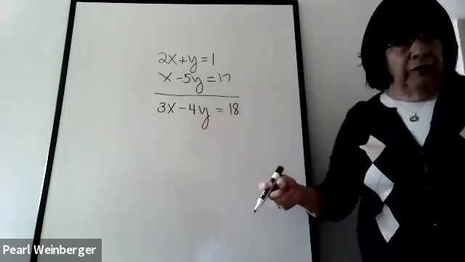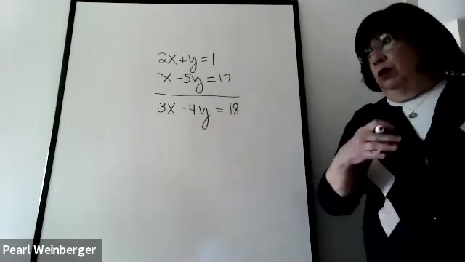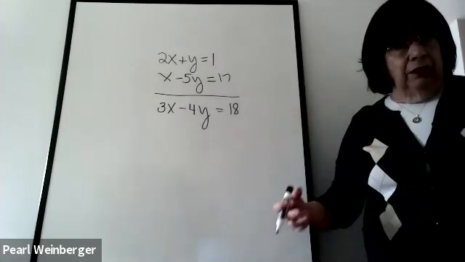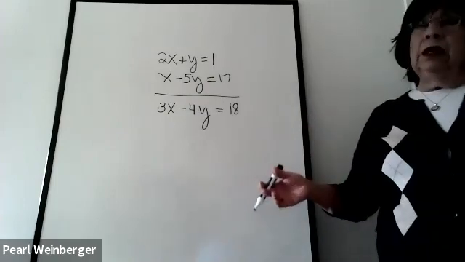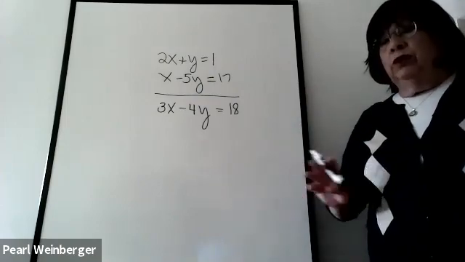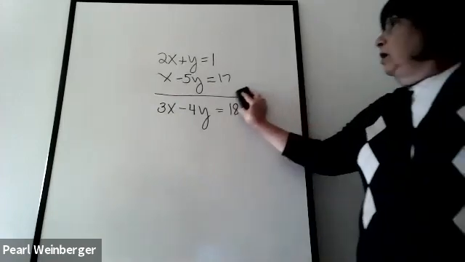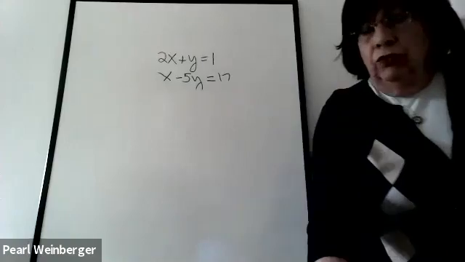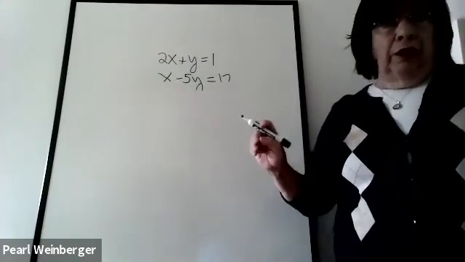The whole point of adding the equations before was when I added them, one of the variables was eliminated. We got rid of one of the variables. So just adding the systems of equations down doesn't always work. So let's go back and think, what would it have taken in order for us to eliminate a variable?